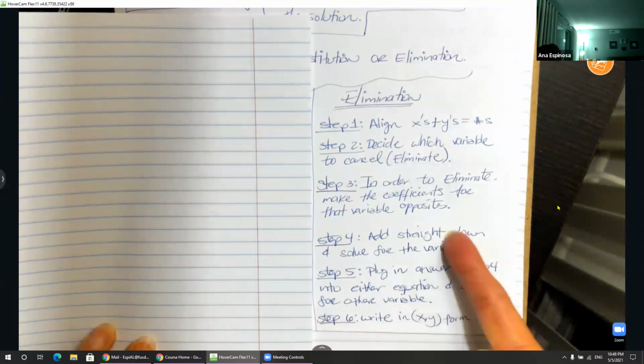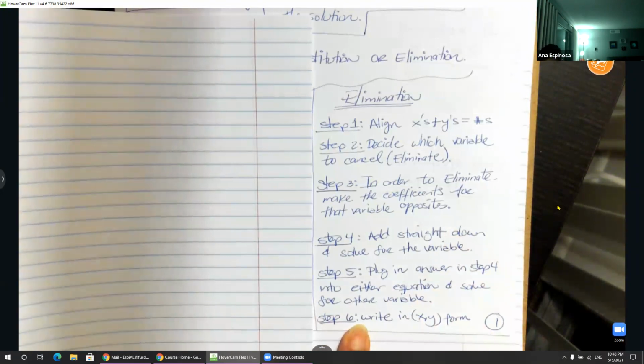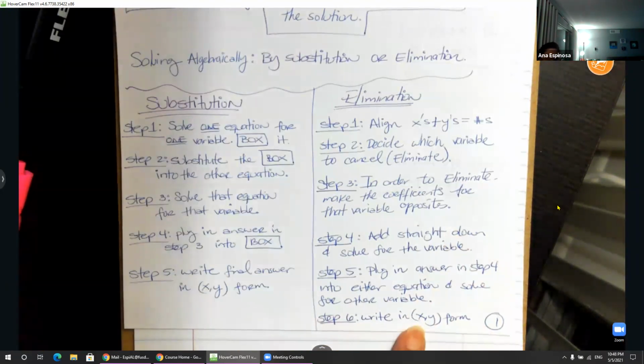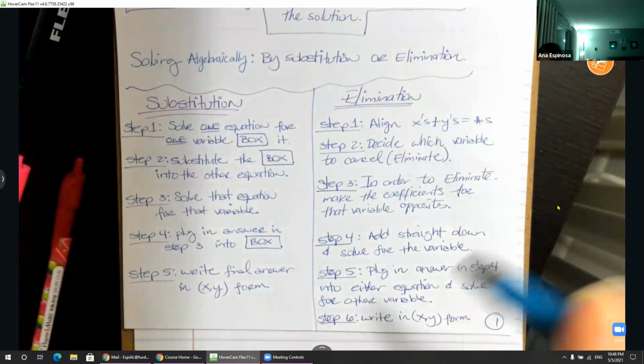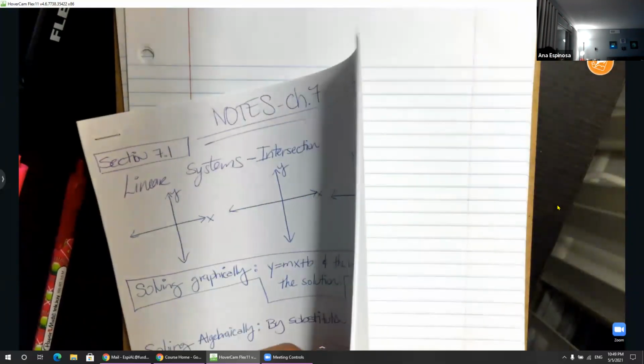And then you plug that answer into either equation to solve for the other one. And your answer, again, has to be written down in x, y form. So again, you can use this page in order for you to not have to memorize the steps. Now, if you understand the steps and you do the problems enough, then I don't think there's a need for you to have this on the test, but you can have it as a comfort.